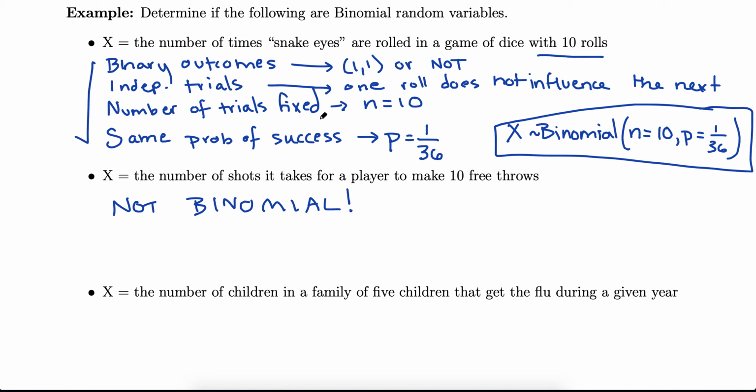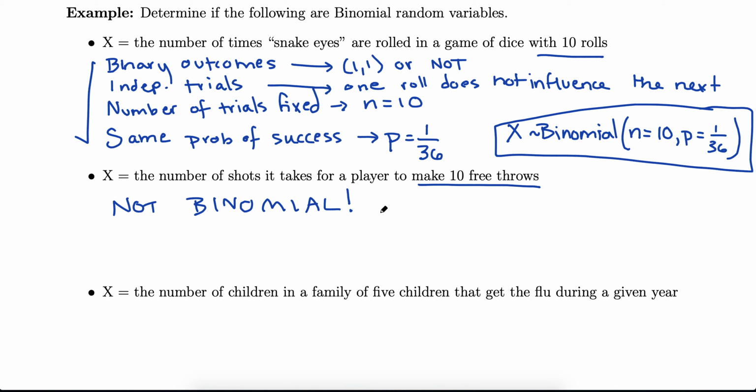Number of trials fixed. This is one we can all agree on, is that is not met. We know we want to make 10 free throws. That's when we're going to stop, but we don't know how long that takes. If it's me doing this, we could be here all day long until I get 10. If this was LeBron, it wouldn't take any time at all to get those 10.